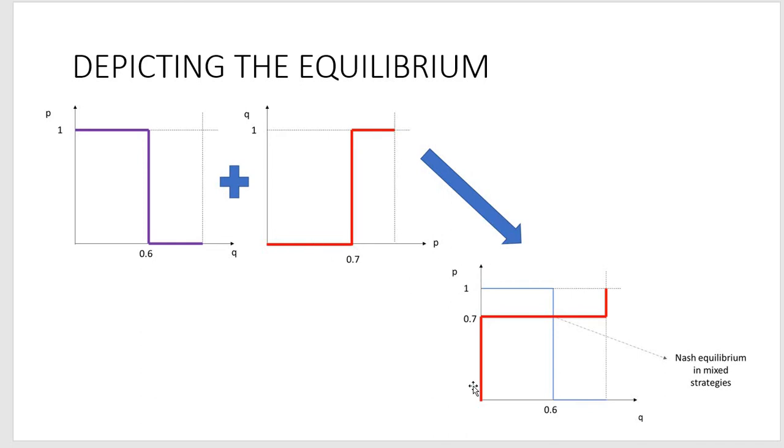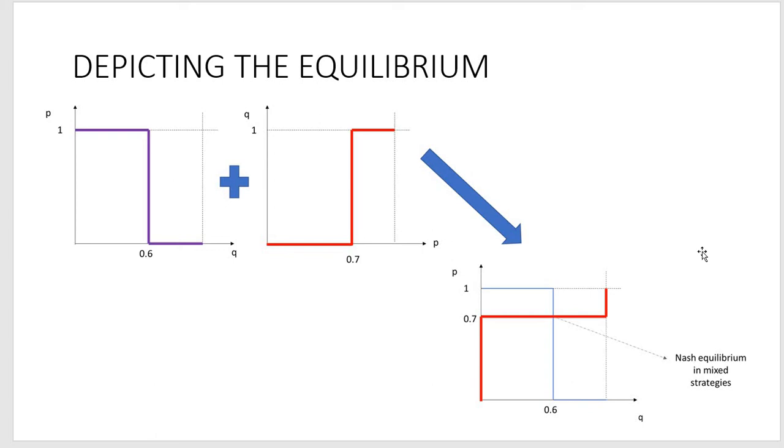So here is the p-axis, and here is the fragment located on the p-axis. If the value of p is equal to 0.7, then her function goes parallel to the q-axis. Here you have it. And finally, if the value of p exceeds 0.7, the function goes parallel to the p-axis. Here you have this segment.